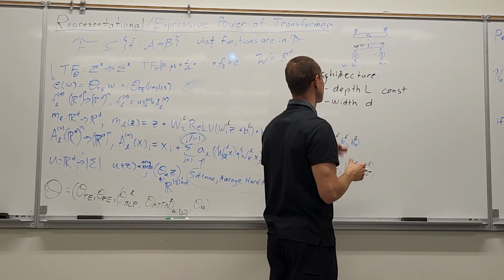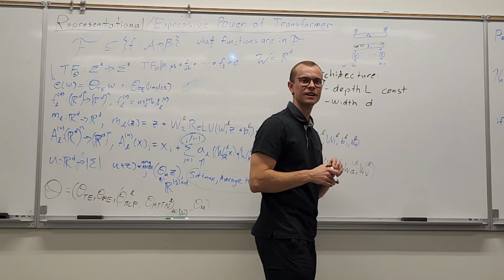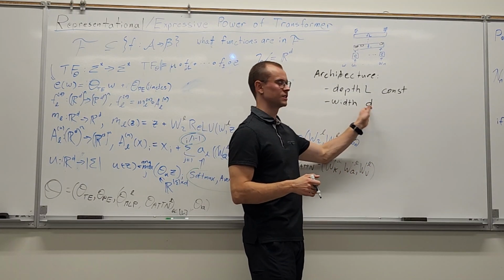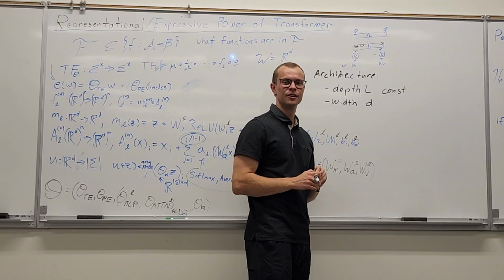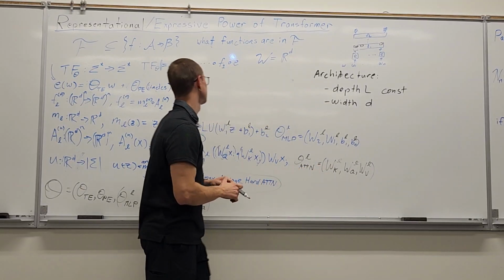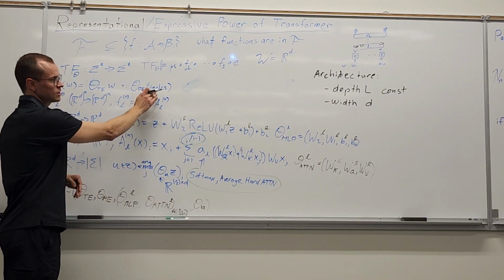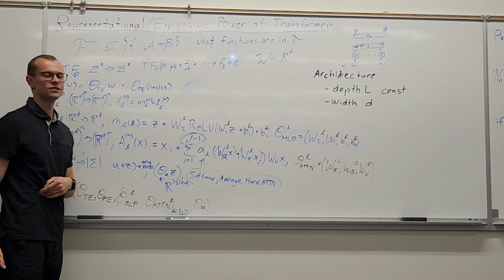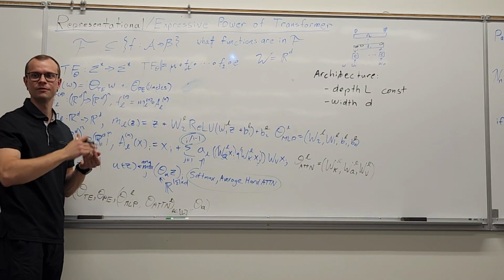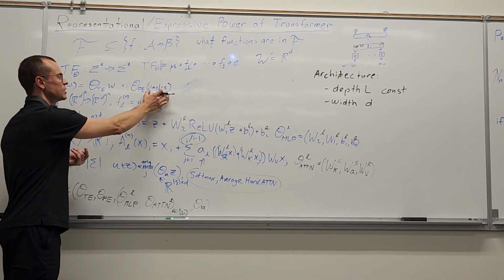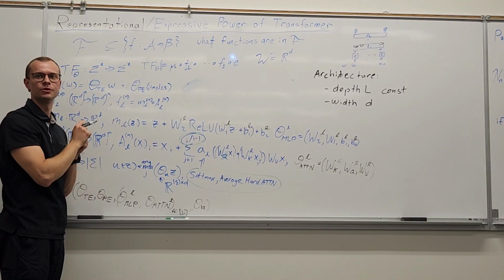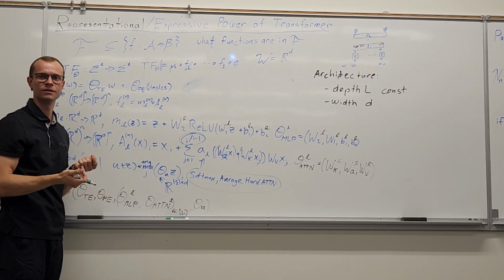The first answer that people in theory will give is that if your width D doesn't depend on n, you run into issues, because the positional embedding function needs to be able to map to something different for every single input.